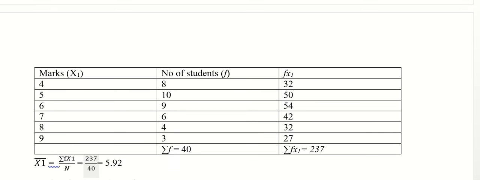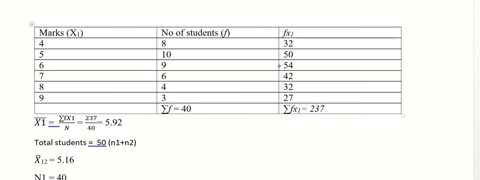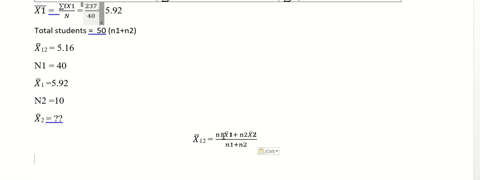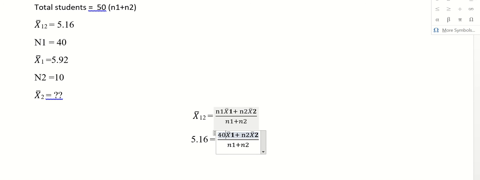Now I will apply the formula of combined mean. So the combined mean is 5.16, n1 is 40, into mean 1, which we have calculated as 5.92, plus n2, which is 10, and mean 2, which is not given to us, right?